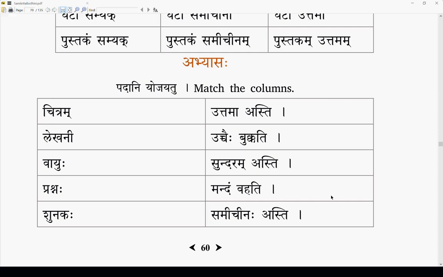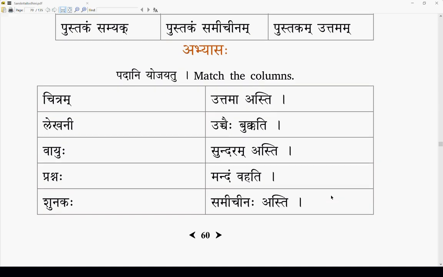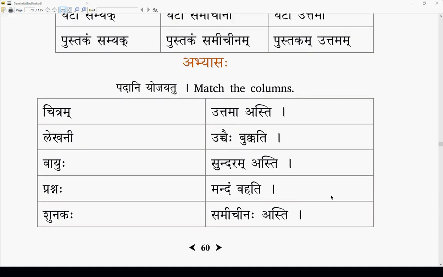There were other languages already there, and this language has to be distinguished or separated, right? So we call it Sanskritam because the word itself means refined, processed. So what is processed here? What is refined?